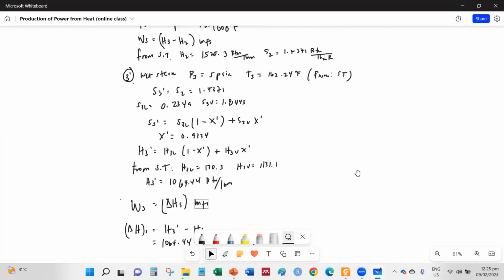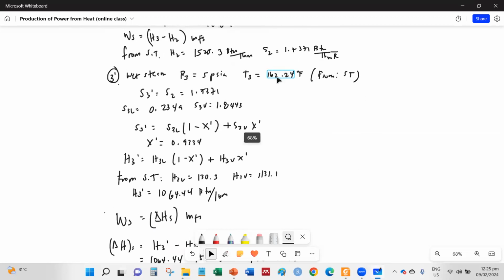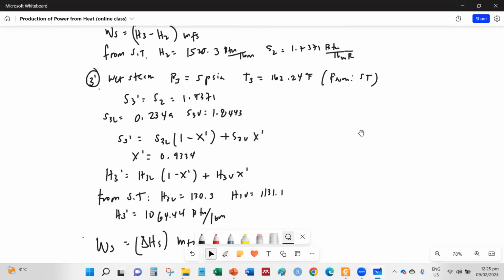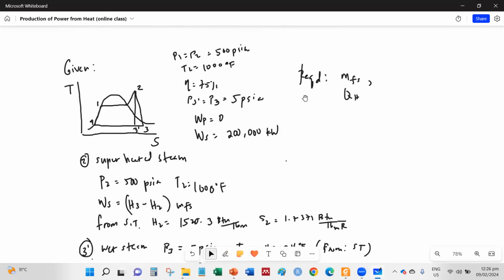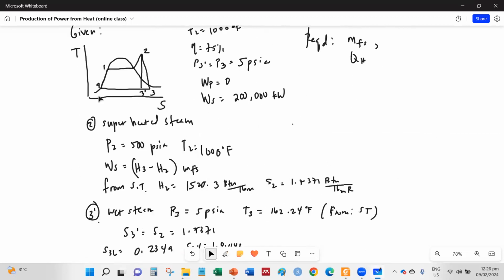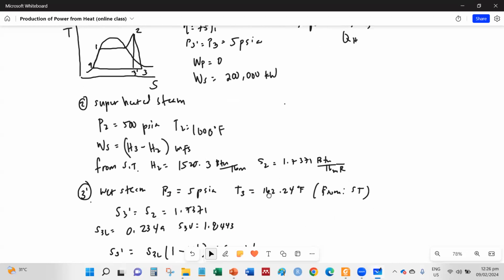Okay. And so far what we did was, for each point, we calculated some values that we can calculate or read from the steam table. For example, at point 2 it's superheated steam. So we know the conditions at point 2, the P2 and T2. So from the steam table we read the enthalpy and entropy.